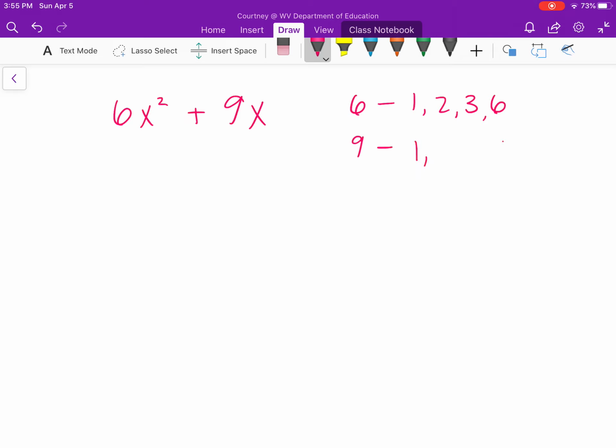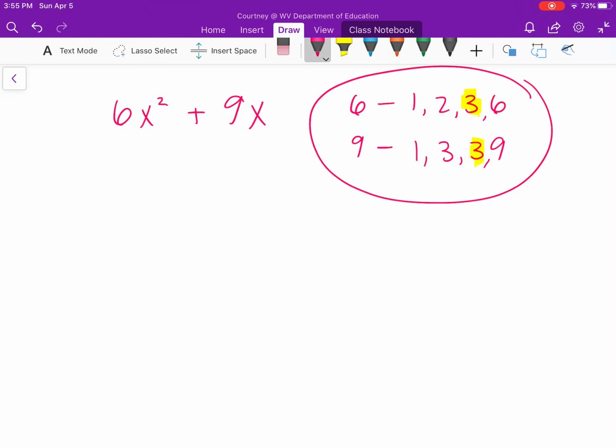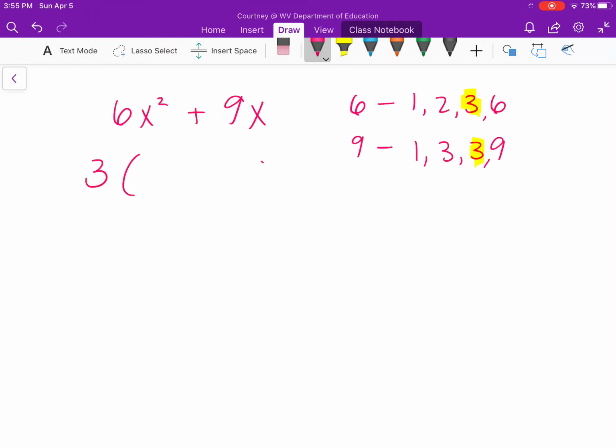Here we have 1 and 9 and 3 and 3. What's the biggest one that they have in common? It is a 3. If you can see that without listing the factors, I would encourage you to do that. So they have a 3 in common.